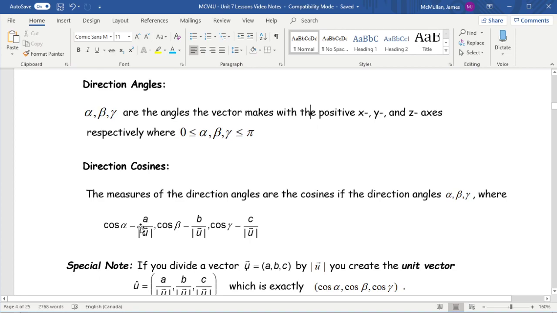And how you get them is you take each coordinate. The x coordinate over the magnitude would be the cosine of alpha. The y coordinate over the magnitude would be the cosine of beta, and the z coordinate over the magnitude would be the cos of gamma.